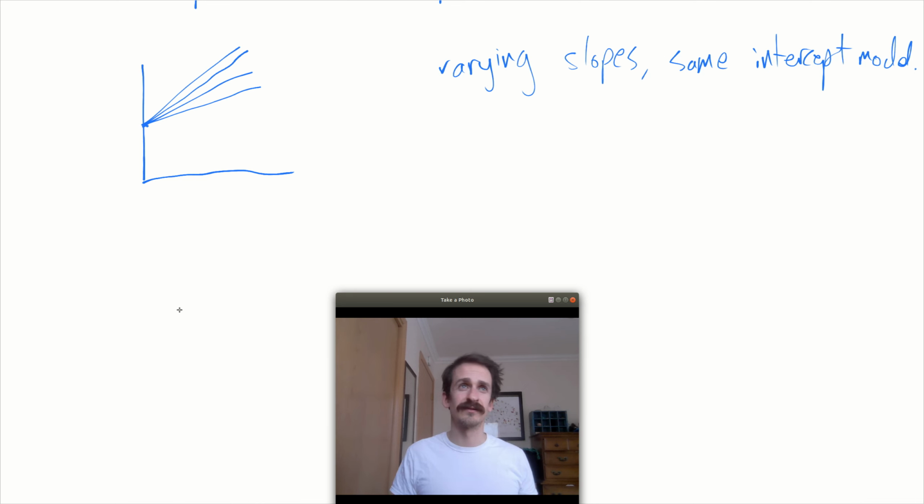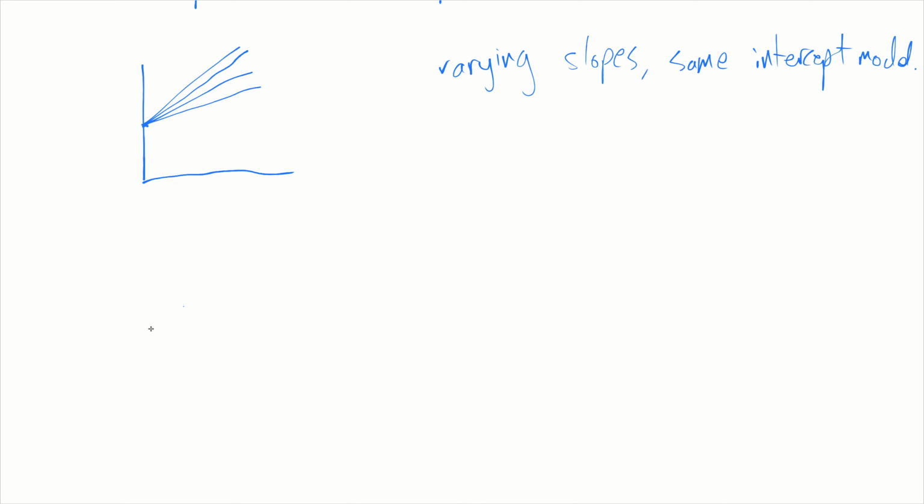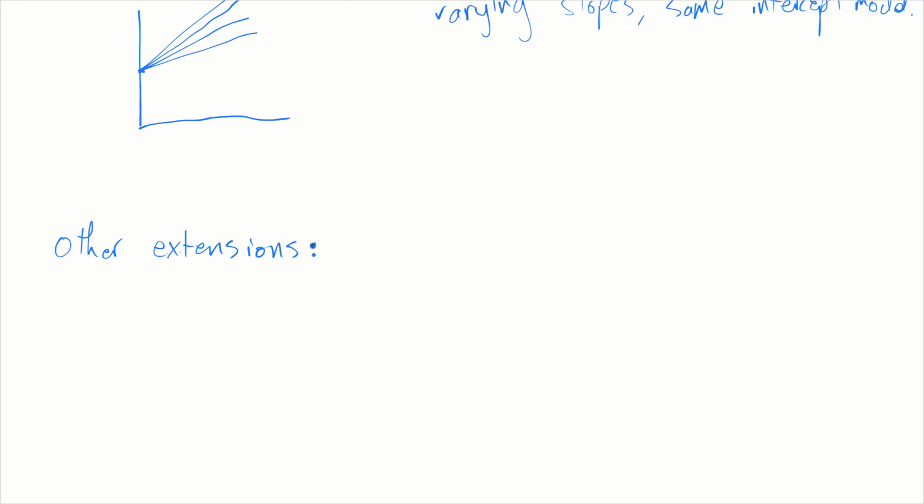I'm going to wrap up here with a couple remarks. So, other extensions. We've shown the case where we just had one continuous predictor variable, but you could have multiple continuous predictors.